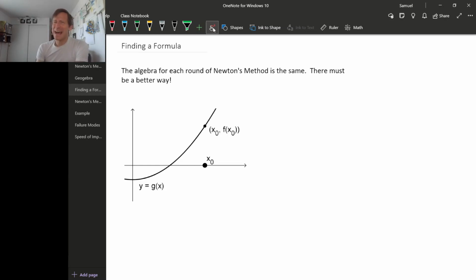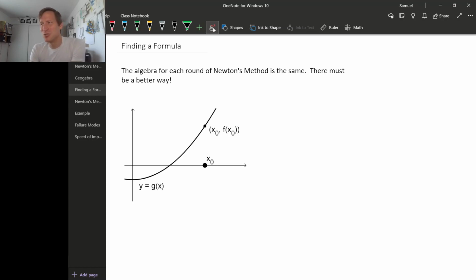Well, whenever you find yourself doing the same process over and over again in math, what you should do is do all that algebra, but instead of having particular numbers or functions, do that calculation just with variables. And then what you'll end up with is a formula that encapsulates all of that algebra.